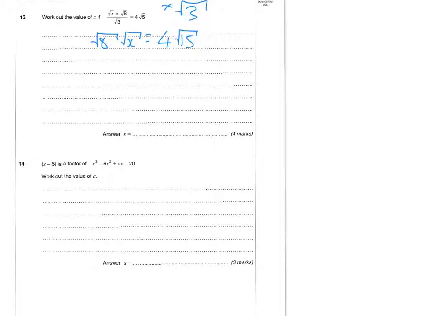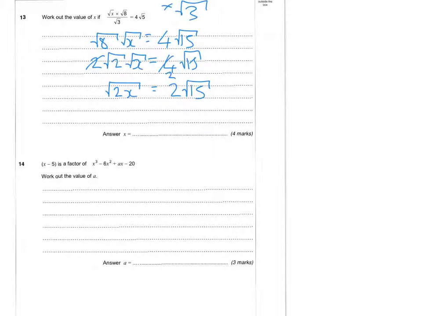Root 8 is 2 root 2. So 2 root 2 root x equals 4 root 15. That can cancel out with that, leaving that with just a 2. So we've got root 2x is equal to 2 root 15.